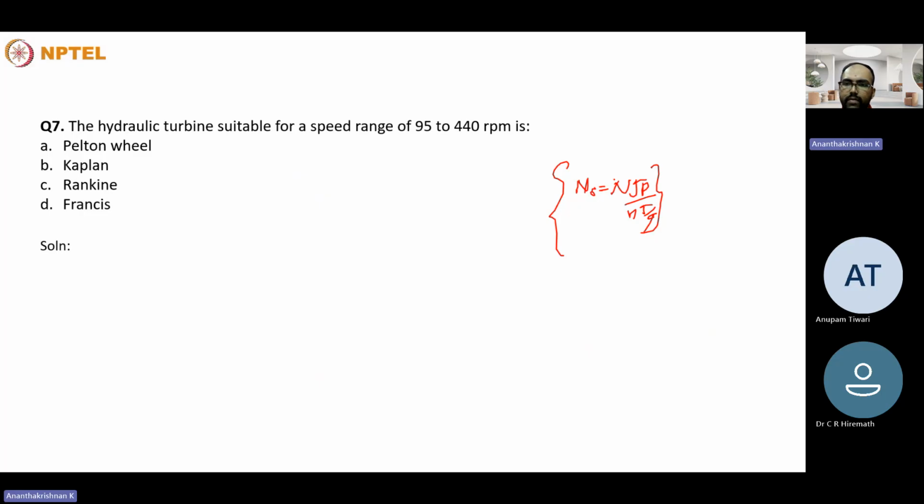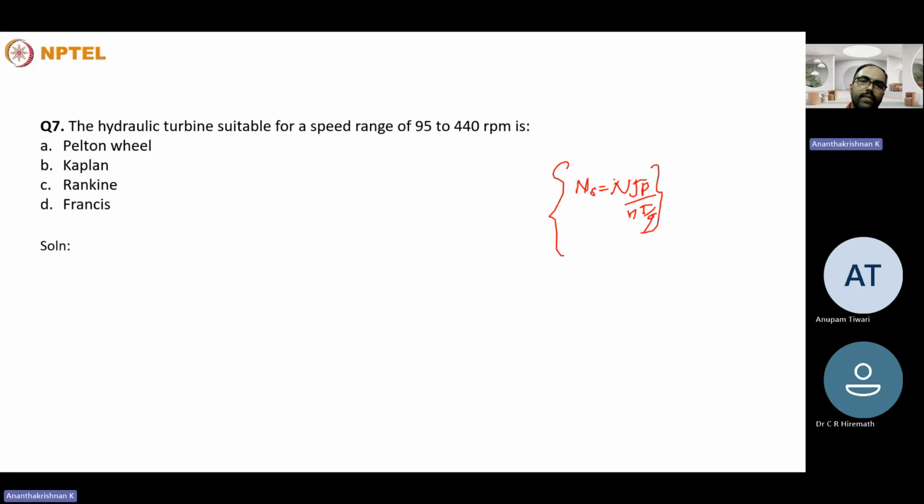Its head requirement will be less, but to compensate in the power, it should operate at a higher discharge. Higher discharge corresponds to higher RPM of the turbine. So a higher specific speed is something that you expect with the Kaplan turbine, Pelton will be somewhere lower, and Francis will be somewhere in between.